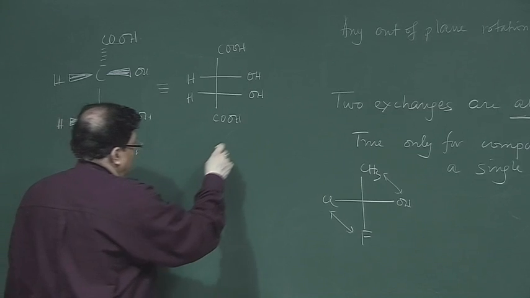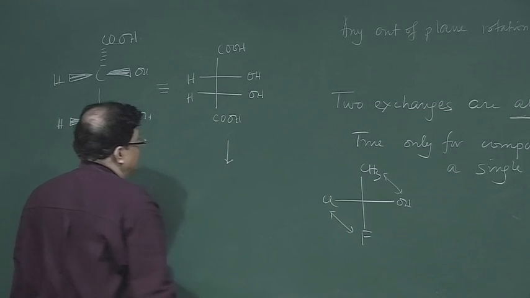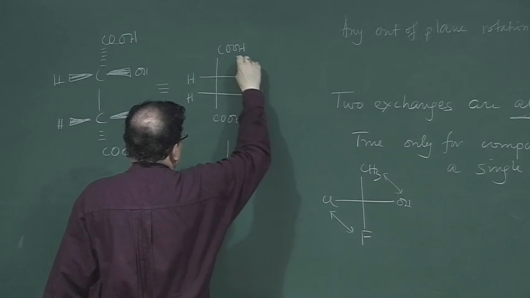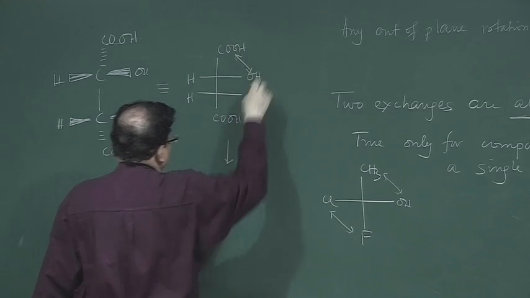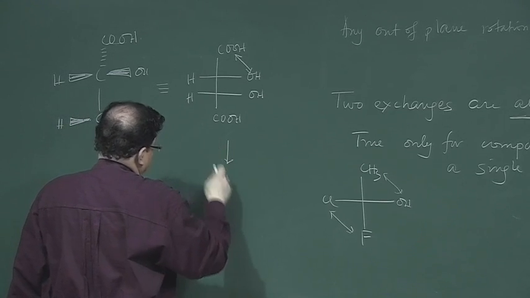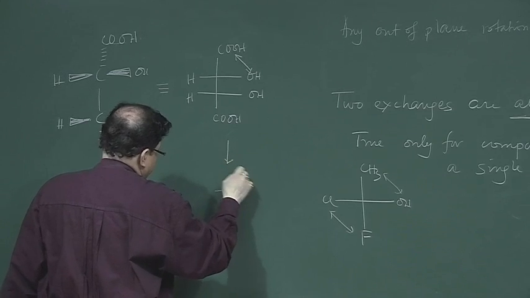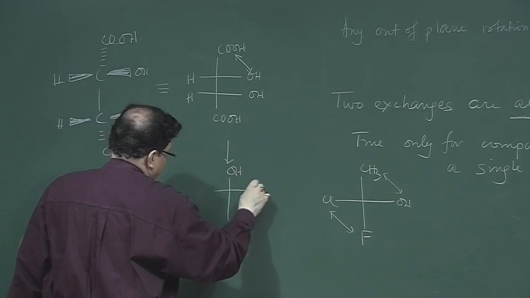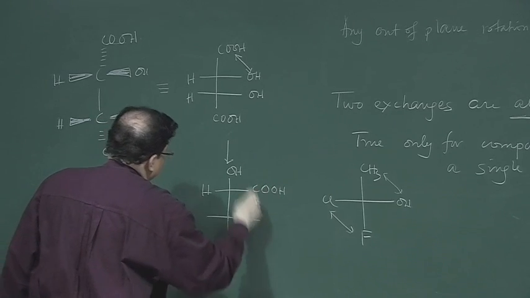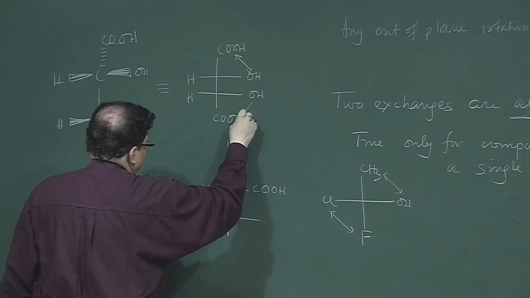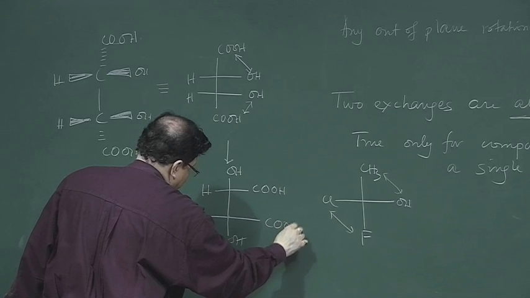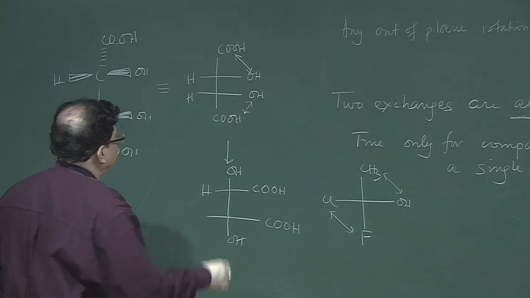Now, as I said, if you do two exchanges in this molecule, suppose I change the OH with CO2H, so OH comes here, CO2H comes there, H comes here, and I do another exchange where OH comes here, CO2H comes there. This is not the right example.